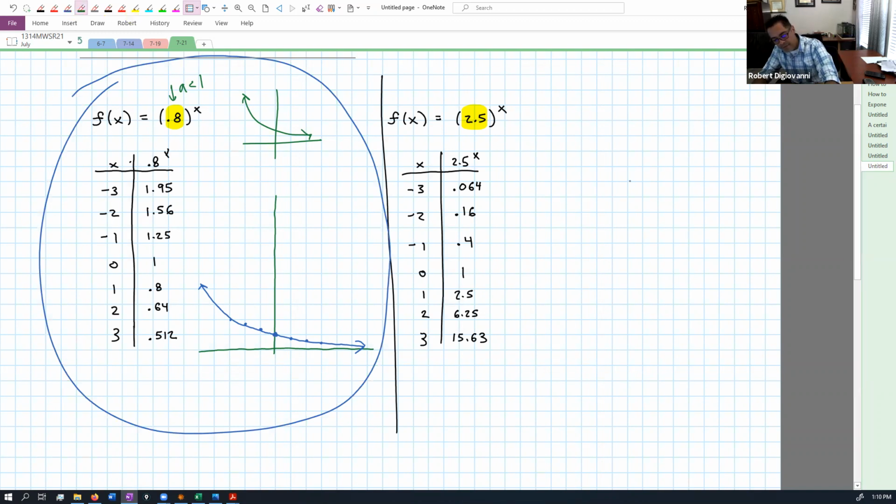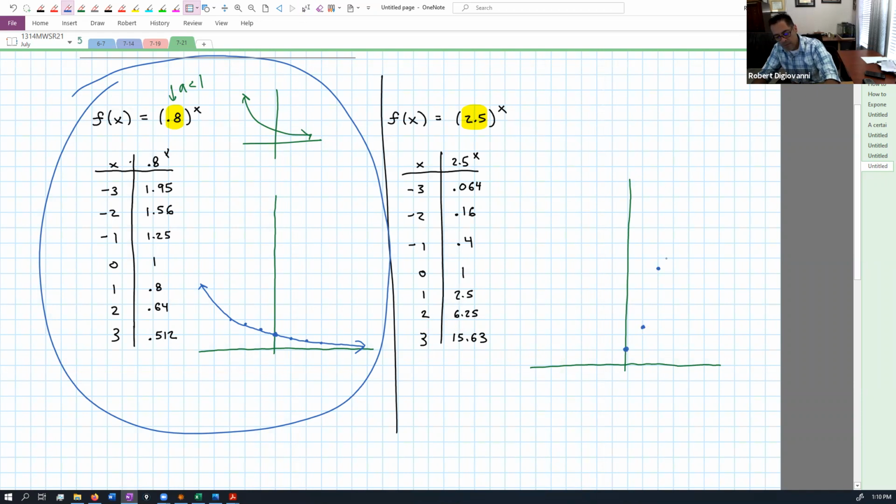On the other graph, we plug in 0, we get 1. Plug in 1, we get 2.5. We plug in 2, we get 6.25, somewhere around there. I'm just kind of ballparking these. It doesn't have to be perfect.